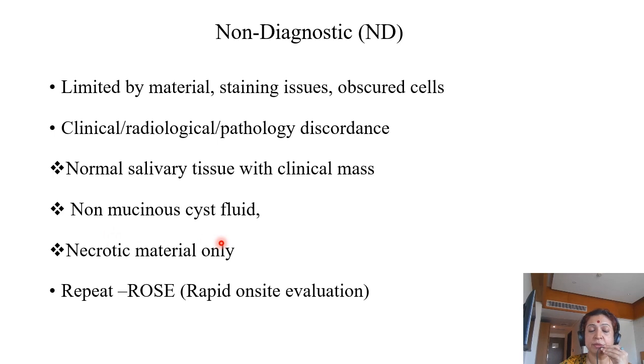Non-mucinous cyst fluid. Remember, mucinous cyst fluid is not a non-diagnostic criterion. Only if it is non-mucinous cyst fluid, it is non-diagnostic. So in all these scenarios, you can repeat the procedure with rapid on-site evaluation to ensure that at the repeat at least you have got sufficient material for diagnosis.